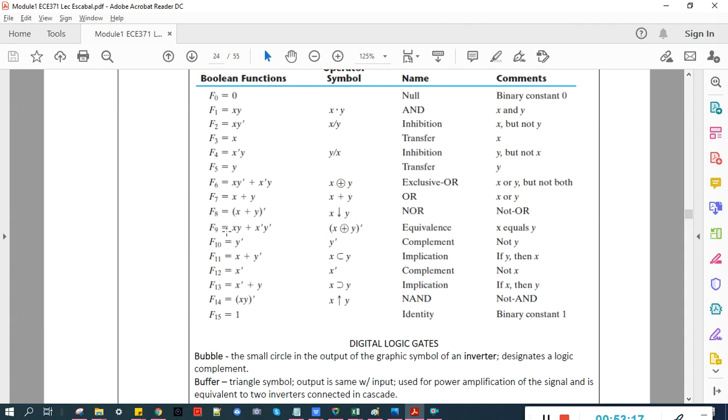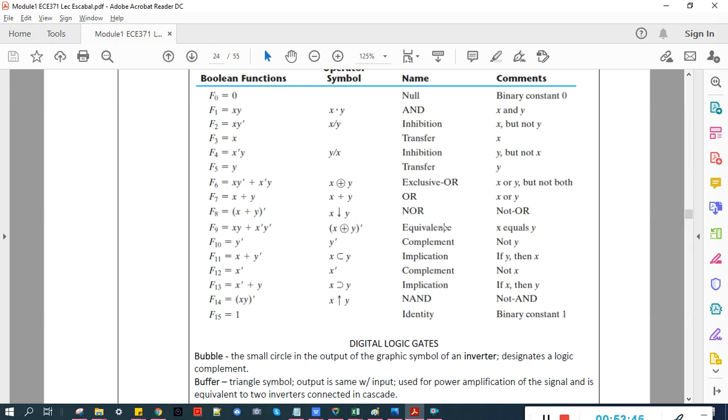Then equivalence. Equivalence is xy plus x prime y prime. So the equivalence is just the complement of the exclusive OR. X equals y.